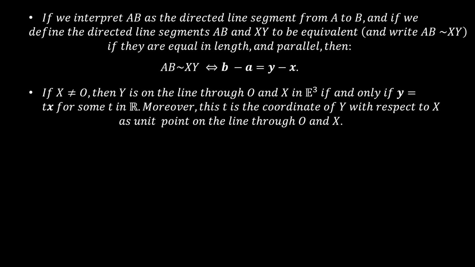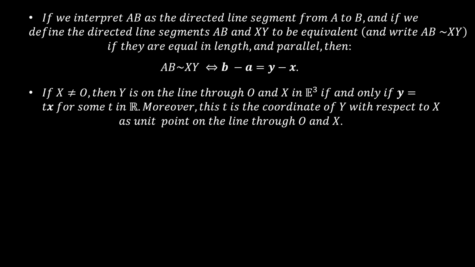Now, if X is not 0, is not at the origin, then Y is on the line through 0 and X in the Euclidean space if and only if Y, now we're looking at the vector space, is equal to a real number T times the vector X. In other words, if we have a line through O and X, and then you extend that line or between O and X you have a point Y, then it means that the vector Y that corresponds to the point Y in the Euclidean space is the same as the product of a scalar T and a vector X corresponding to the point X in the Euclidean space.